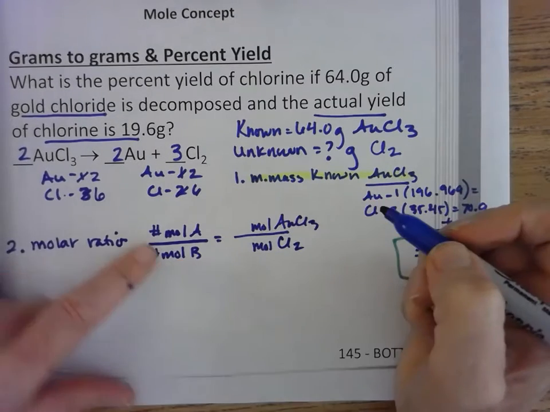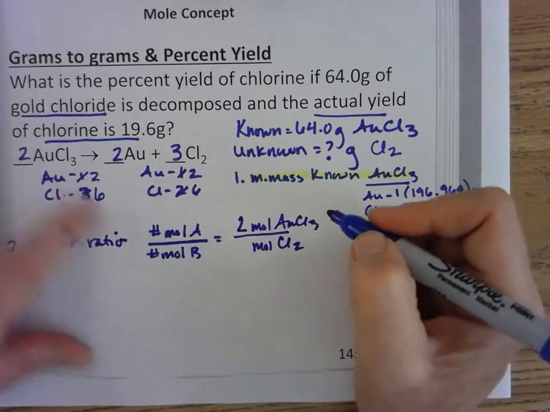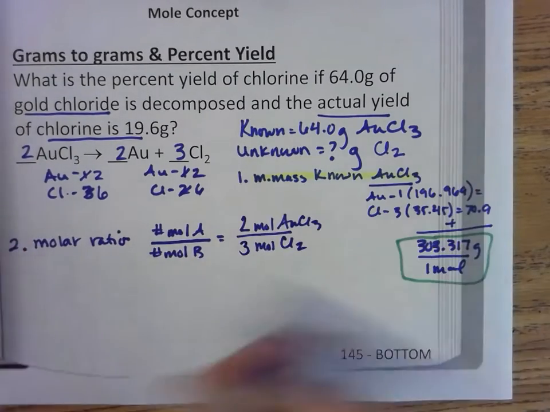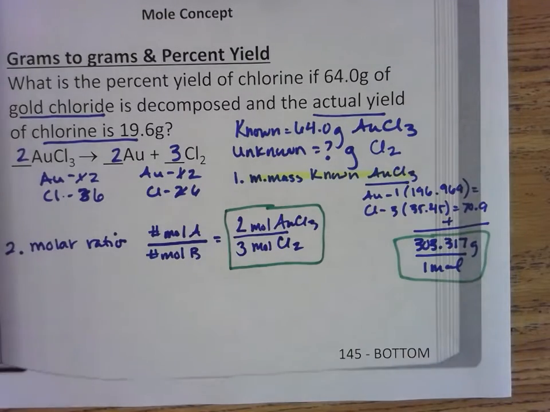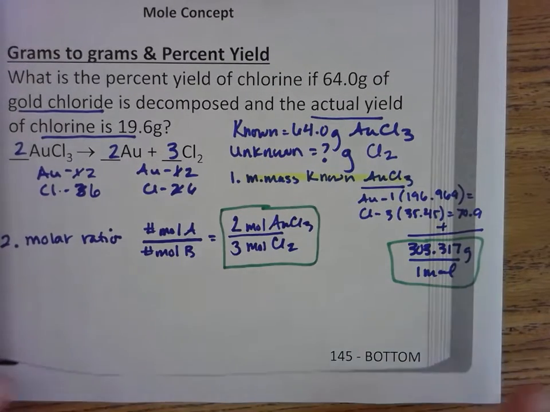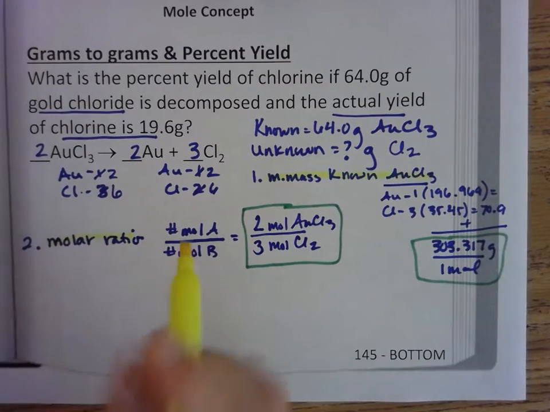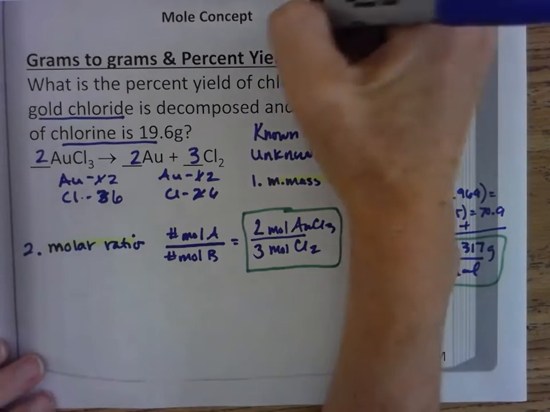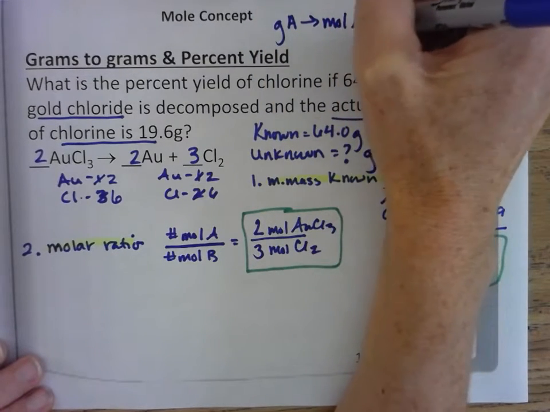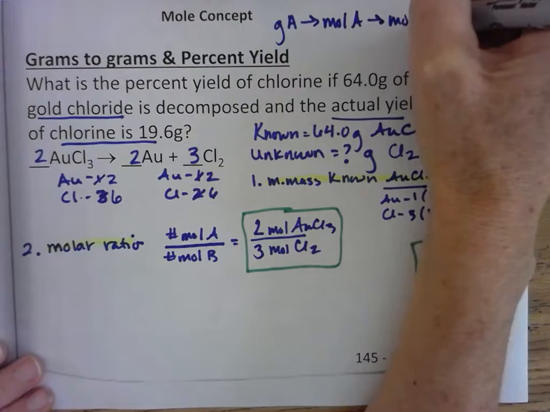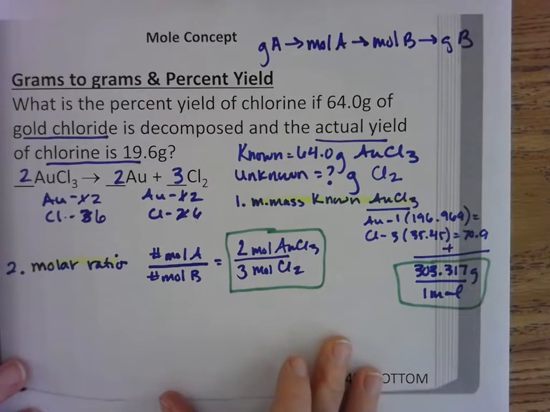These numbers come from the balanced equation. So 2, 3. Alright, and I just found my molar ratio, right? Because I gotta go grams of A into moles of A into moles of B and into grams of B. Right, that's what I gotta do.